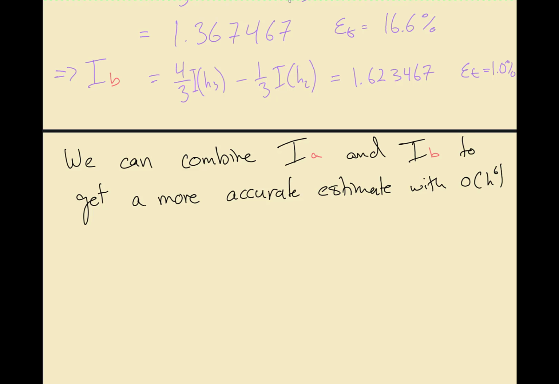So we went from trapezoid being h squared, then one iteration of Romberg, h to the 4. Now it's h to the 6. Okay, and as you increase the iterations, it always increases by 2.